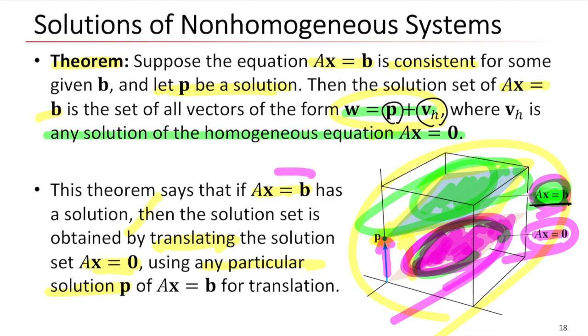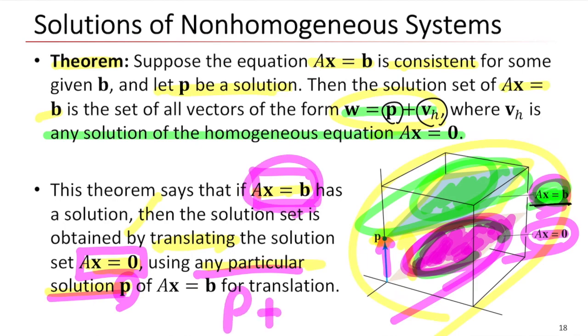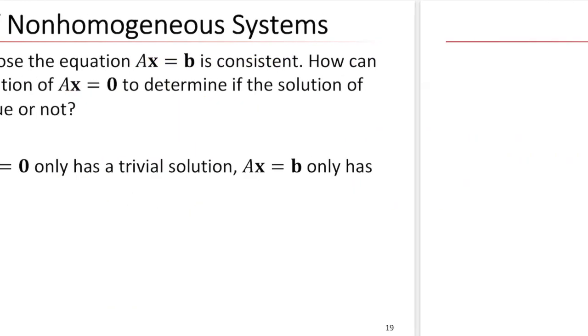To summarize, to find the solution of Ax = b, we can find the solution of Ax = 0 in a homogeneous representation, and find any particular solution p. Then we can represent the solution of this one as p + vh, like this. So this is the relationship of the solutions of the homogeneous and non-homogeneous systems.